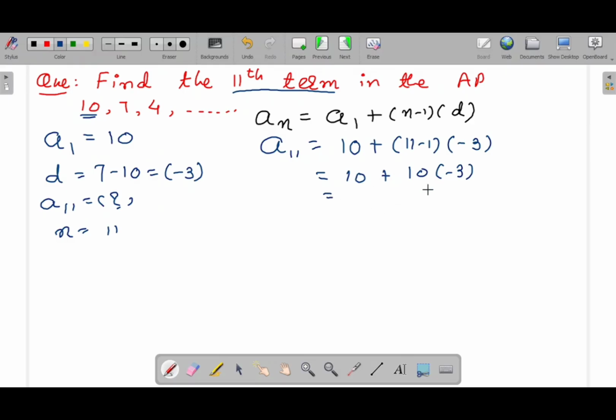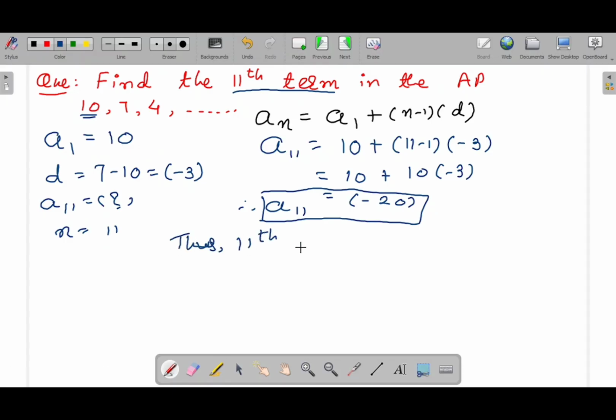So 10, and here it will become minus 30. I will get minus 20. That means the 11th term of this given arithmetic progression is minus 20, which you should write. Thus the 11th term of the given AP, full form arithmetic progression, is minus 20.